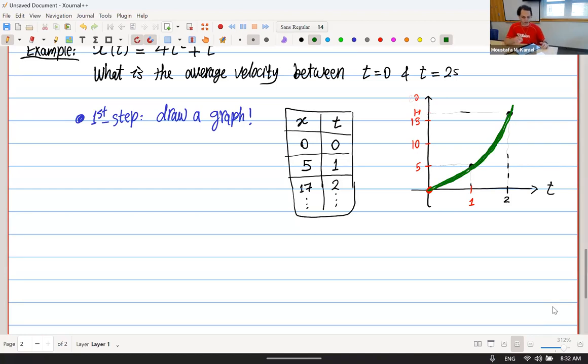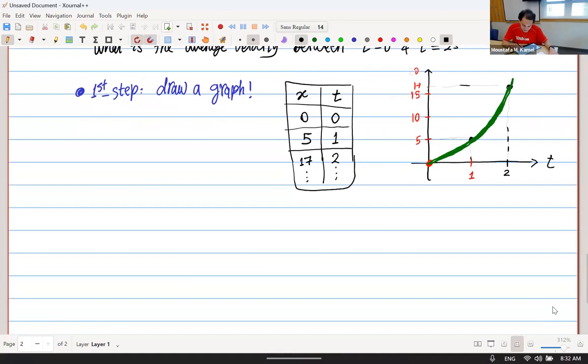Okay. Now, if you want to calculate the average velocity between points in time from 0 to 2, you get the slope, the rise over run.